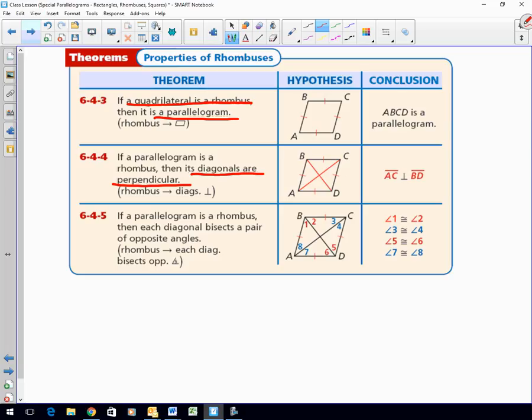I've got 4 different right angles right here that are formed in the middle. That's crucial to understanding about a rhombus. Where the diagonals intersect, they form right angles. So cool.